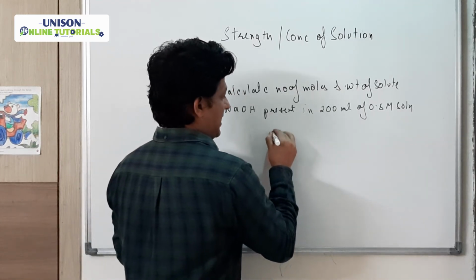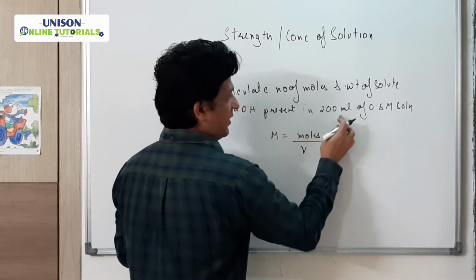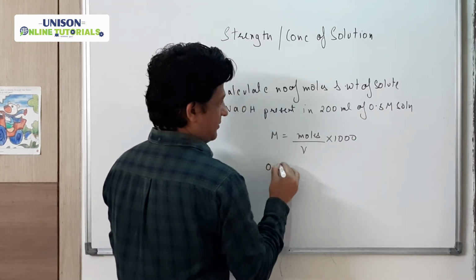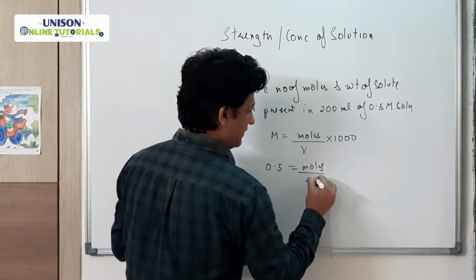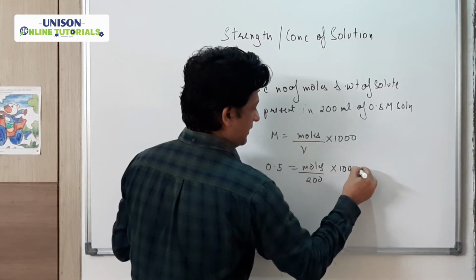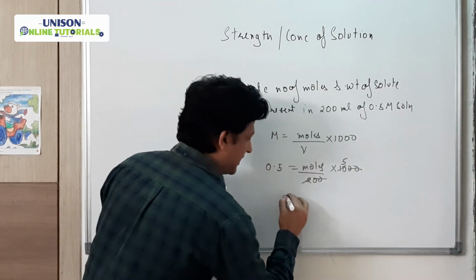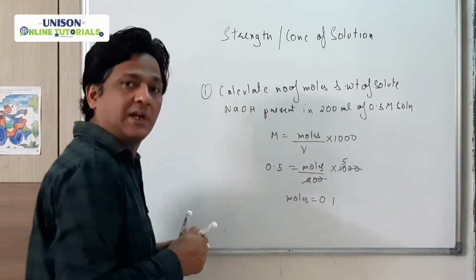So molarity is equal to moles by volume. If it is in ml, multiply by 1000. And the molarity कितनी है? 0.5. Volume, that is 200 into 1000. Clear? So 20 कट गया, 2 5 सा 5 से ये कट जाएगा. Moles comes out to be 0.1. Moles निकाल लिया हमने.